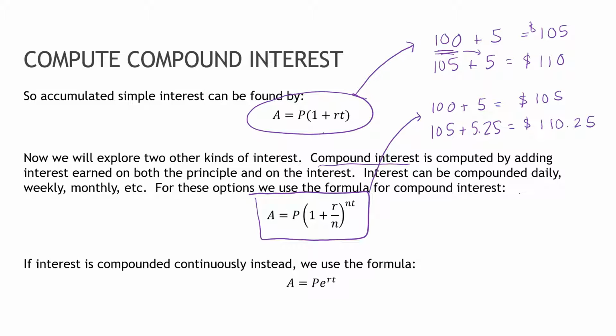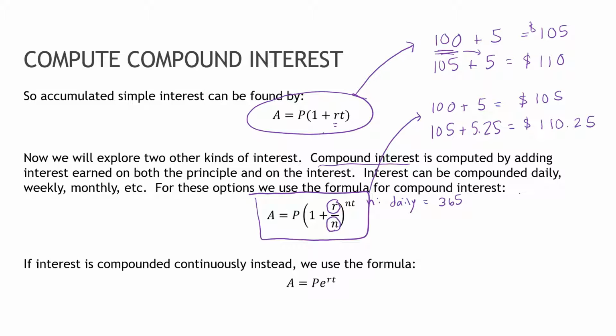You get the idea. Let's look at that formula really quick. The difference here is that we're taking the rate and dividing it by n, because n is the number of times that it's compounded. So if it's compounded daily, 365 would be n.